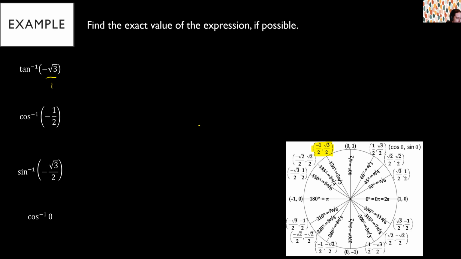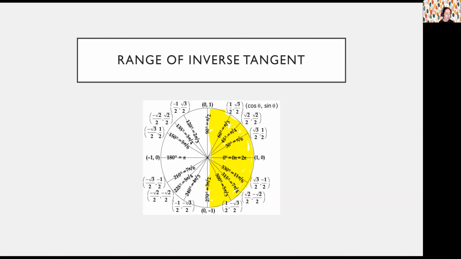And then at 5 pi over 3, one is negative, one's positive. So our two possible answers for tangent here are 2 pi over 3 for our angle, or 5 pi over 3. So if we look at our tangent, we want the 5 pi over 3 because that's in the correct section.